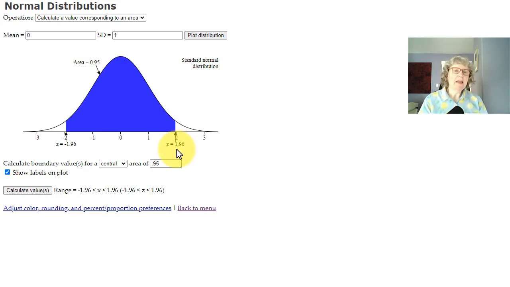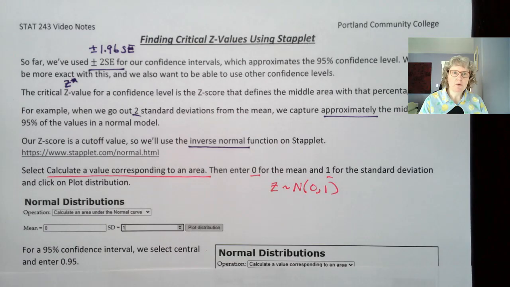And that corresponds to the plus or minus in the formula, right? So that's why we only need the positive value, because the plus or minus is already in the formula. That's already taken care of. So we're just going to write down the positive 1.96. That's where that 1.96 came from in the last example we did.